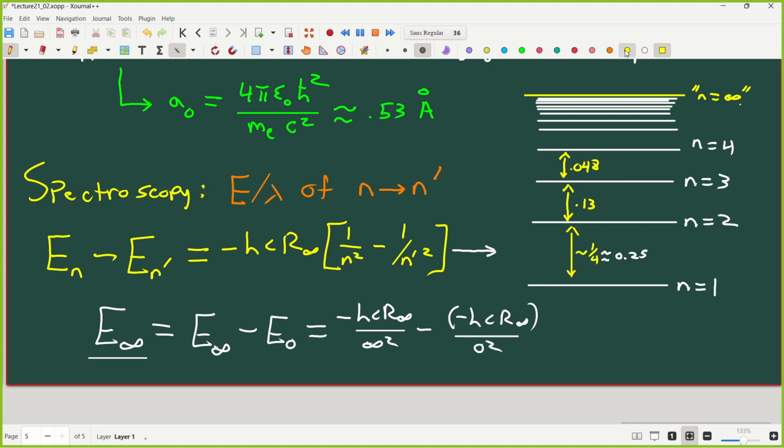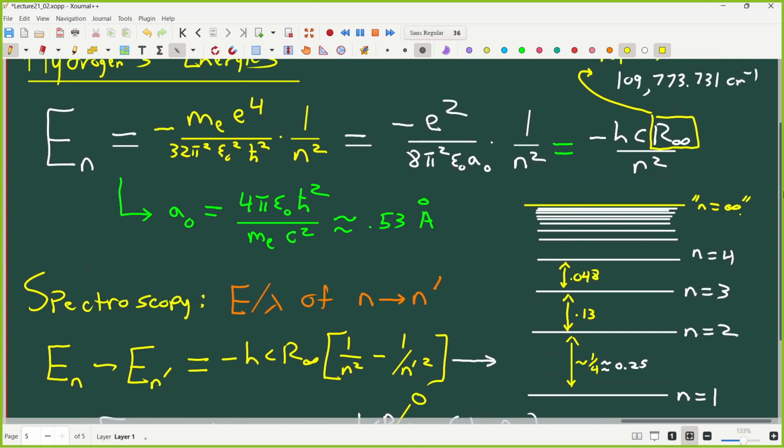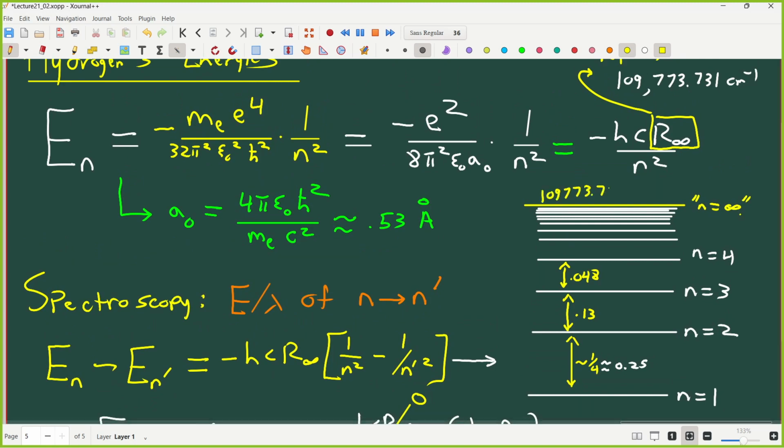And of course this right here goes to 0. So this n equals infinity limit is at minus E naught. Well, what is minus E naught? Minus E naught is the Rydberg constant, 109773.731 wave numbers.